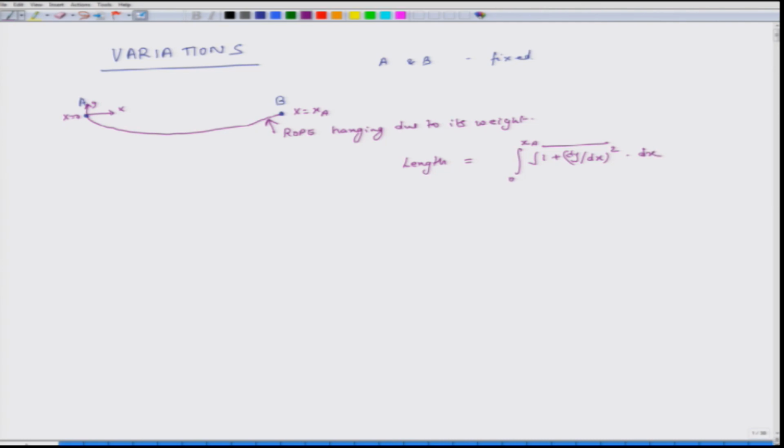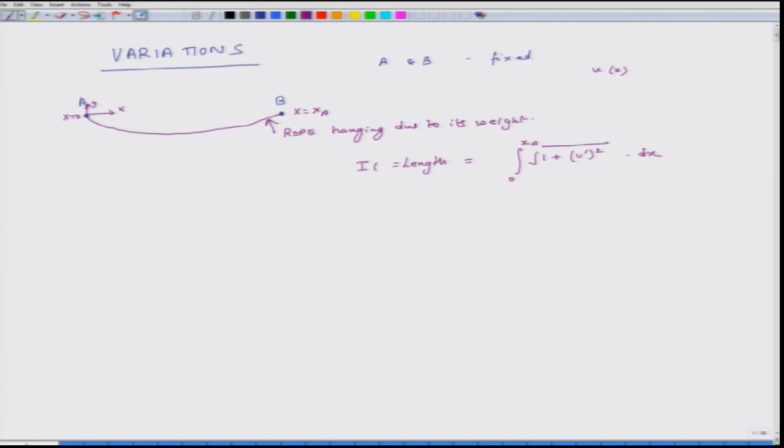I mean, this is the relation we had explained earlier, right. So, this I called in my earlier lecture as I of u, and I can replace this dy over dx. So, suppose I call u, which is the deflection of the rope at any point. So, u depends on x. So, I can call it as u prime square.